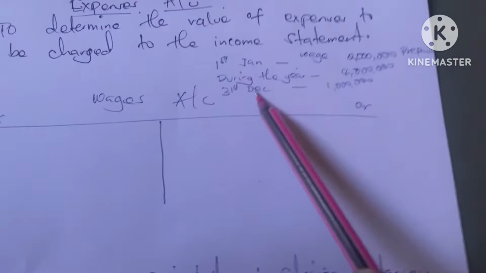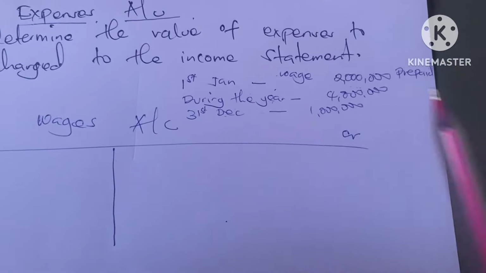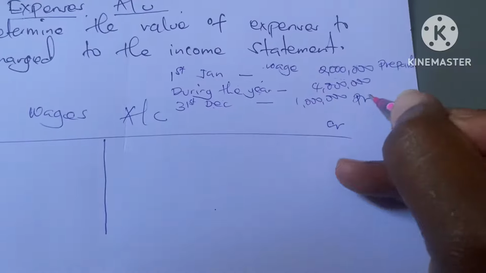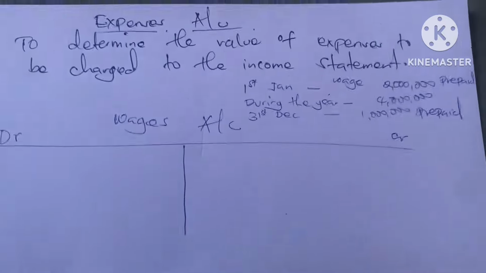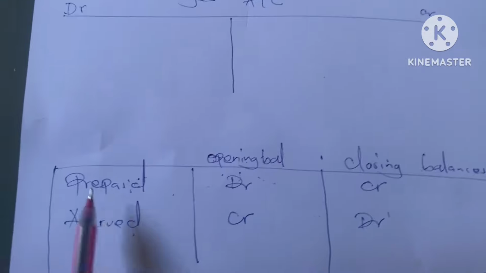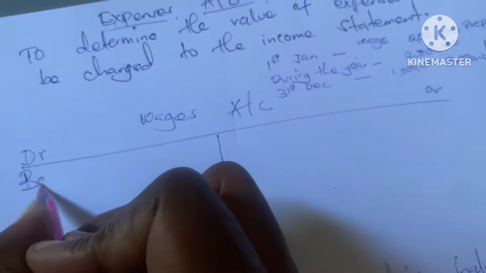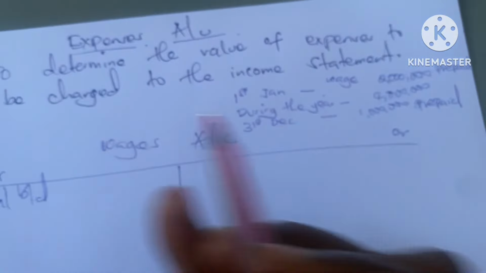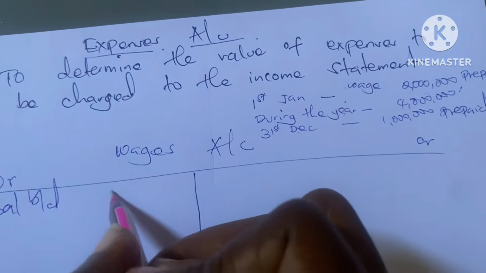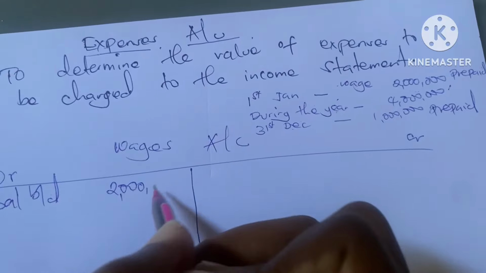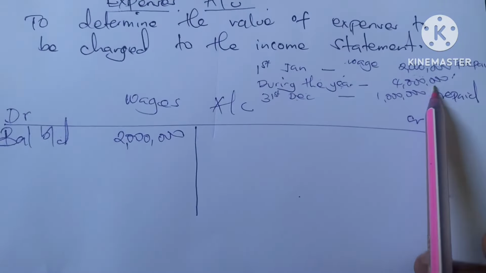So in this illustration that I put here, these wages were prepaid. Even the closing balance was prepaid. So we said prepaid opening balance, you debit. So balance brought down, it is 2M. Then during the year they paid wages of 4M.